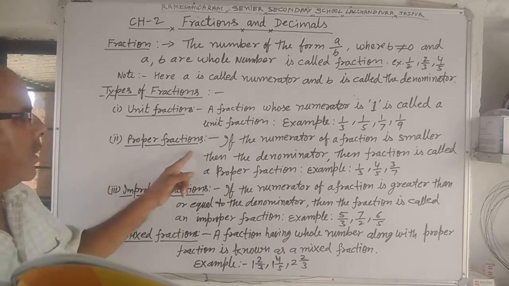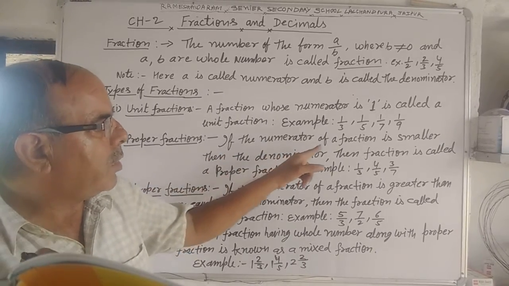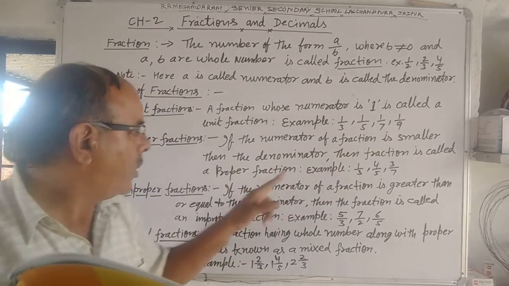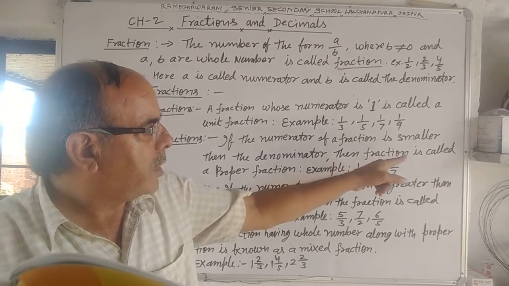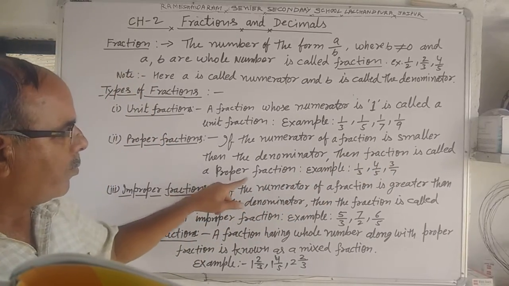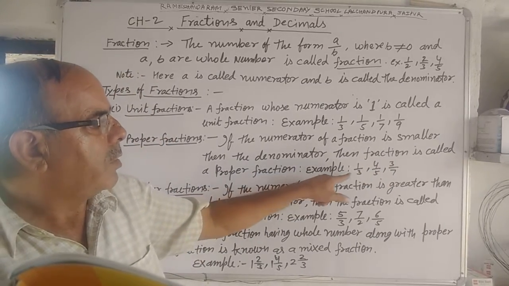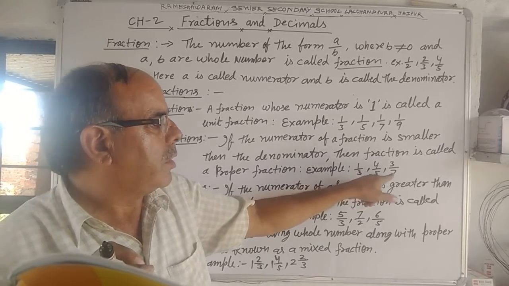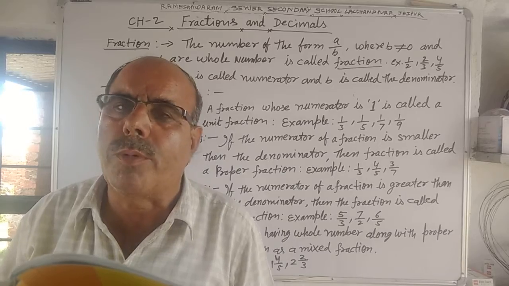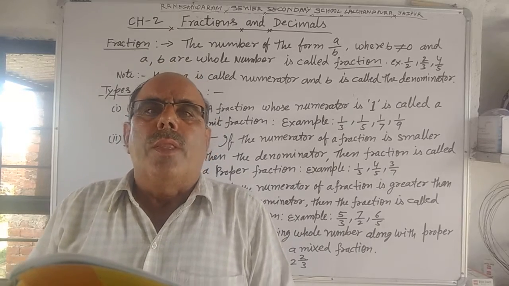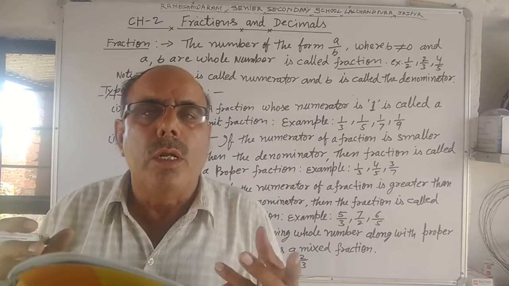Second, the proper fractions. If the numerator of a fraction is smaller than the denominator, then the fraction is called a proper fraction. Examples: 1 by 3, 4 by 5, 3 by 7. Proper means by the rule.